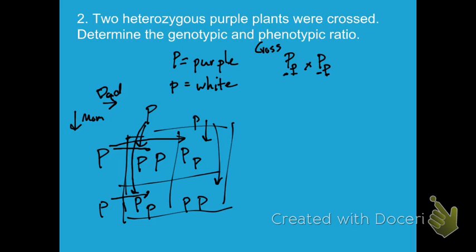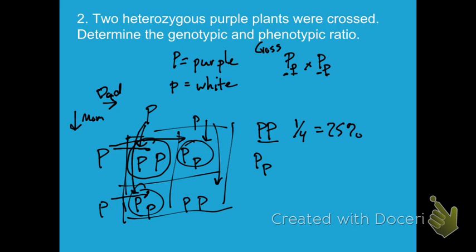So, 1 out of the 4 possibilities, or 25%, is going to be homozygous dominant. 2 out of the 4 will be heterozygous, and then 1 out of the 4 will be homozygous recessive.